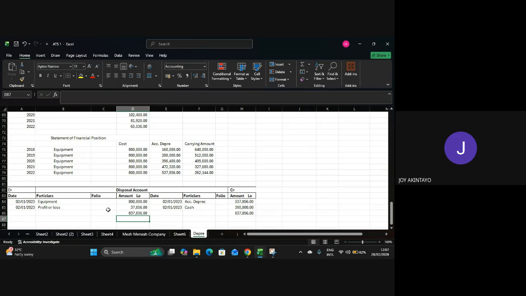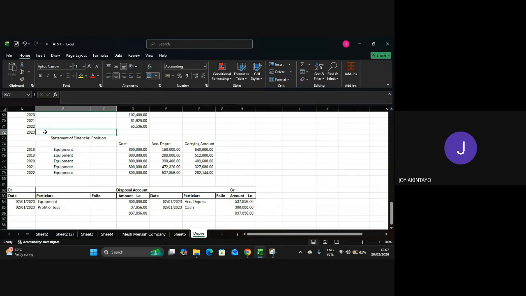Once we debit this side, then in our statement of P&L 2023, it will be on the credit side, which is our income. We add it as part of our income for the period.